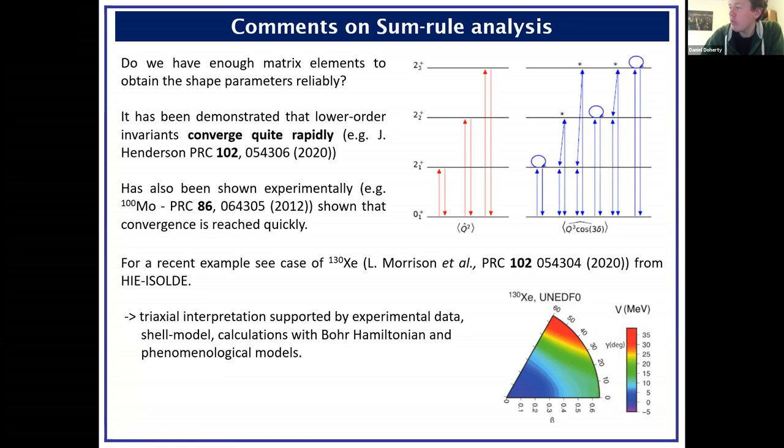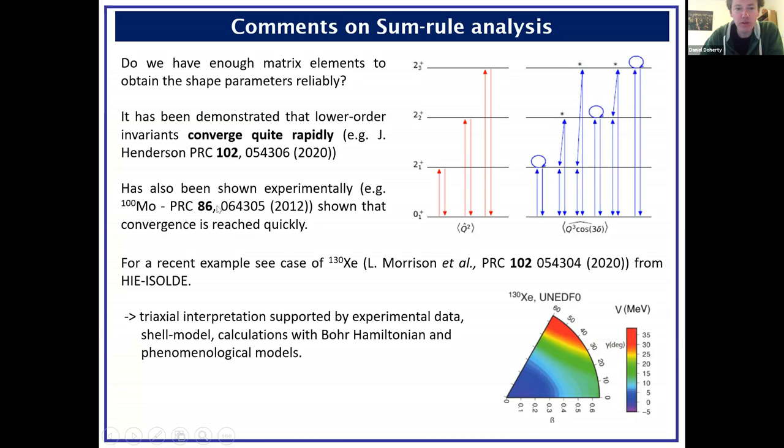So the question is then, what about the dispersion in this gamma? As was discussed earlier, this is a much higher order invariant, so it needs a massively greater set of matrix elements, which we clearly don't have experimentally. So the way we can attempt to address this is to perhaps use the theoretical matrix elements. In Jack's paper, he made use of these matrix elements from NuShellX.